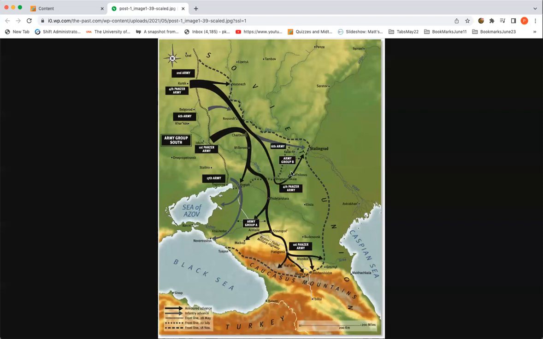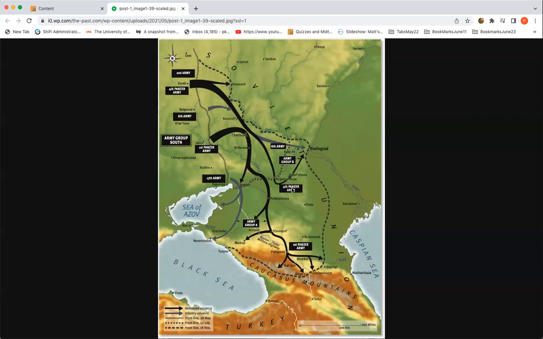So I'll just repeat that, because there's a lot of jargon there and it's probably confusing. The Sixth Army, which is mostly infantry, is moving towards Stalingrad under General Paulus. And that's the main thrust towards Stalingrad.